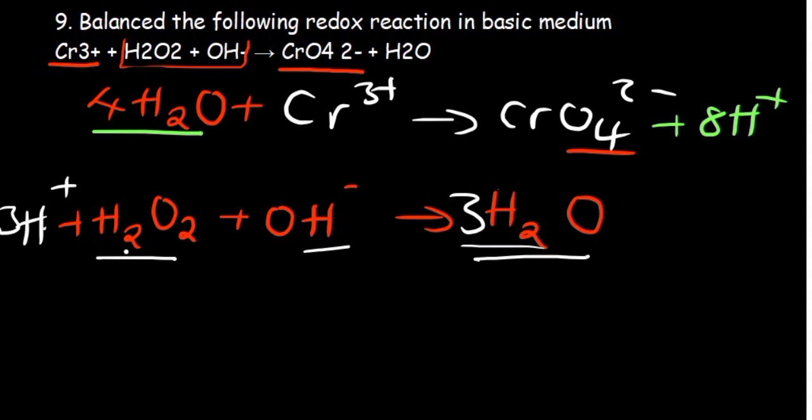On the left hand side, I'll start with the first half reaction. What is the charge? For water it's 0. For the chromium we have a 3+. Then on the right hand side, the charge is a 2 minus and 8 positives, so negative 2 plus 8. I have a charge of positive 6.